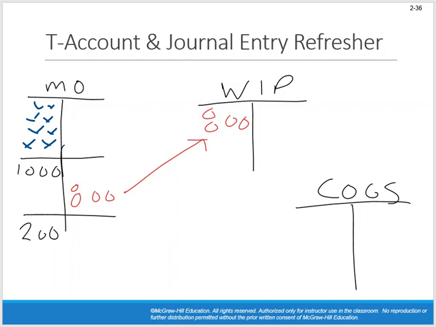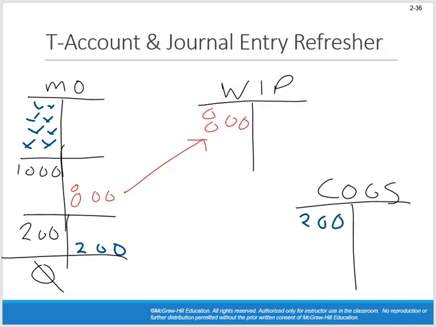And that adjustment is going to involve a debit to COGS and a credit to MO so that we end up with 0.